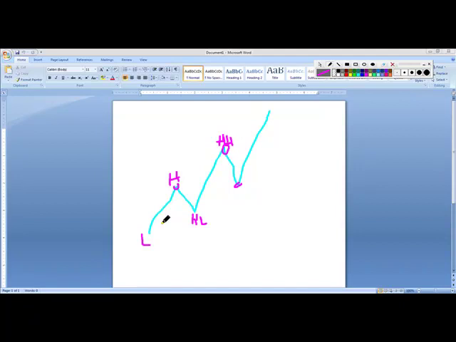What I want to teach you is that when you have this structure, low, high, higher low, and higher high, you have two consecutive legs, and the market has given you the structure for an uptrend.